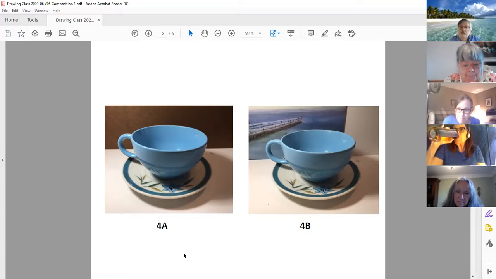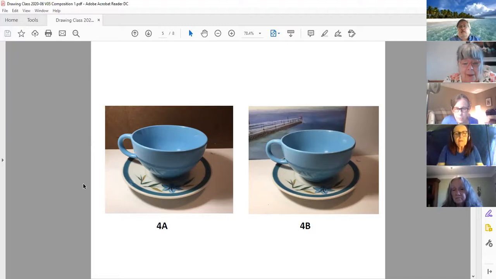However, I think compositionally it doesn't read right. So I went with the plain darker one. Right, number 4A. Anyone have any other comments on this?